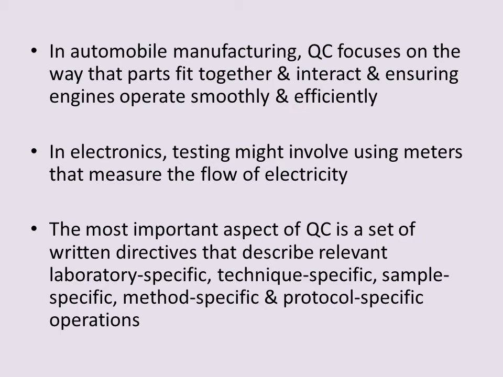So in automobile manufacturing, quality control may focus on how the different parts fit together and how they interact with each other, and ultimately the engine must operate smoothly and efficiently. In another industry, electronics, the testing might involve using various meters that measure the flow of electricity, to check whether they are measuring properly or not.